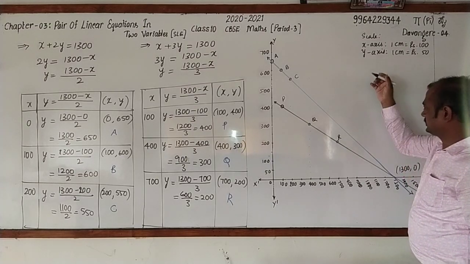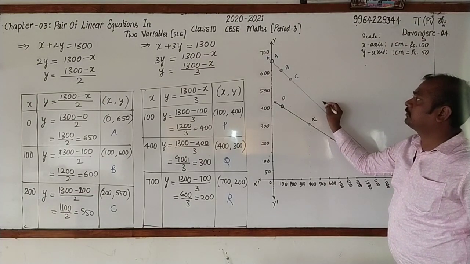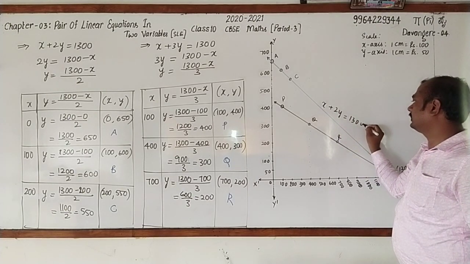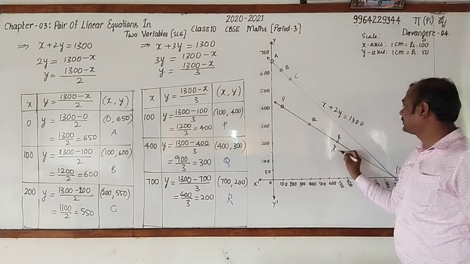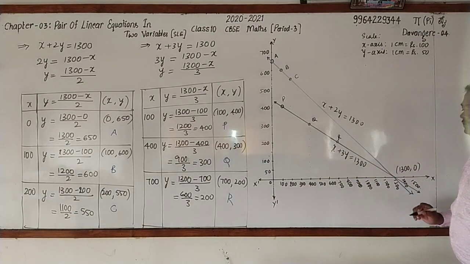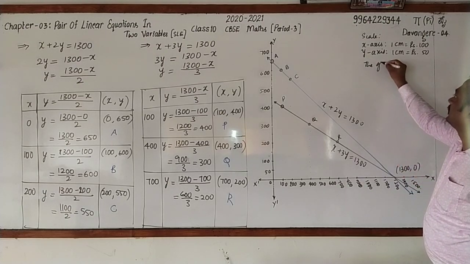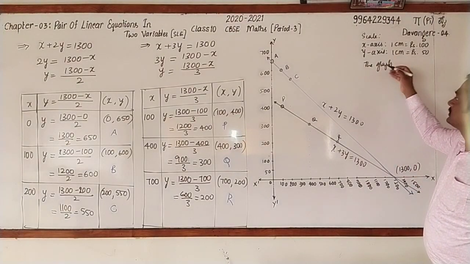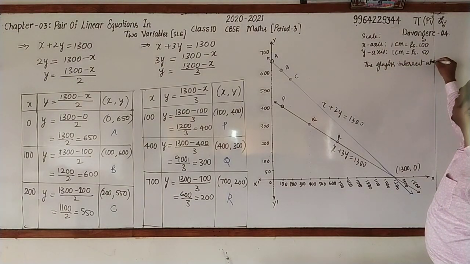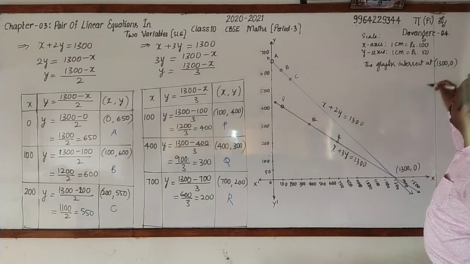So here I'll write both equations. First, x plus 2y is equal to 1300, and the second one is x plus 3y is equal to 1300. Now the graphs, or the lines, intersect at 1300, 0.